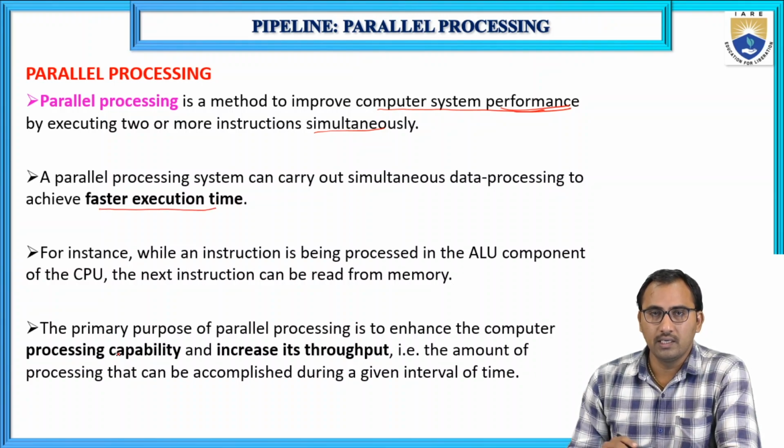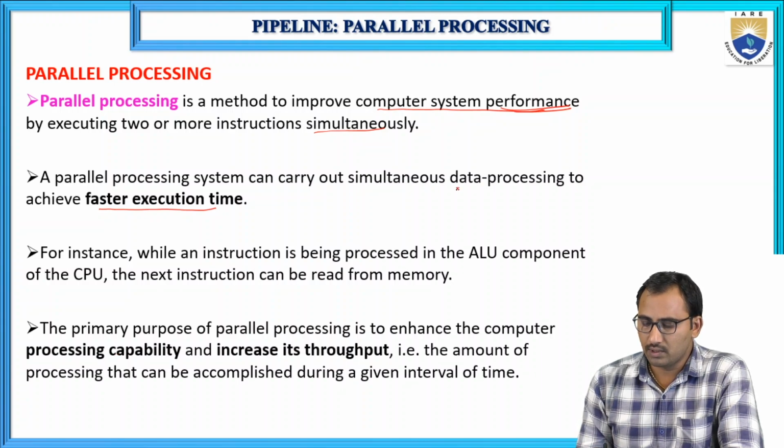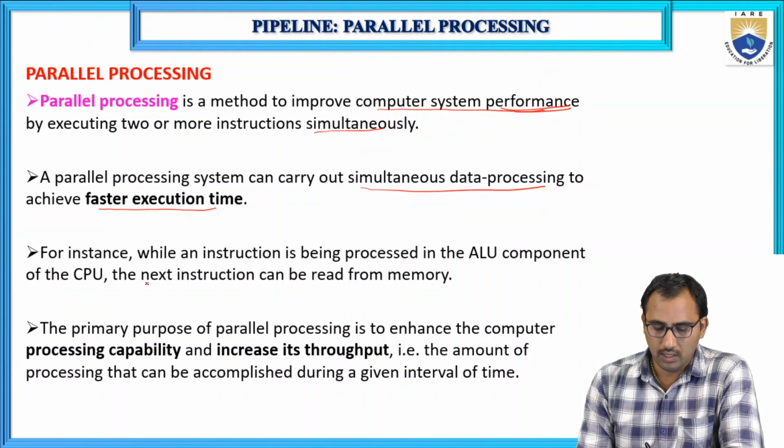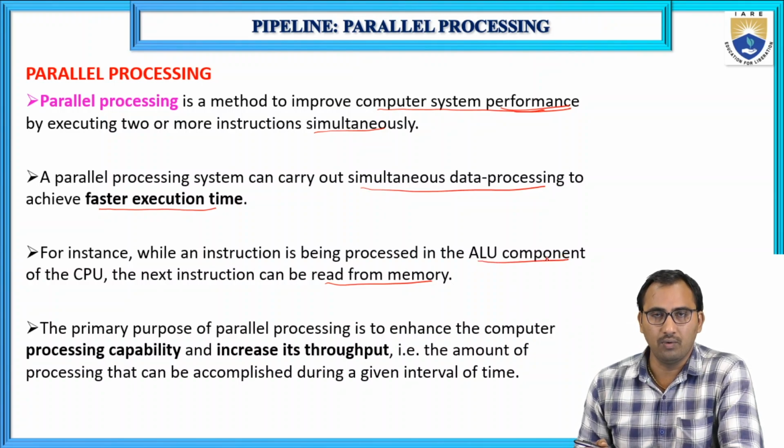That means it can perform different data processing operations simultaneously. For instance, while an instruction is being processed in the ALU component of the CPU, the next instruction can be read from memory. An instruction is fetched from memory, then decoded, and after that executed. These are the different phases of an instruction.